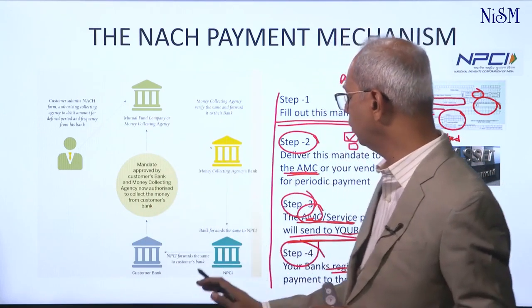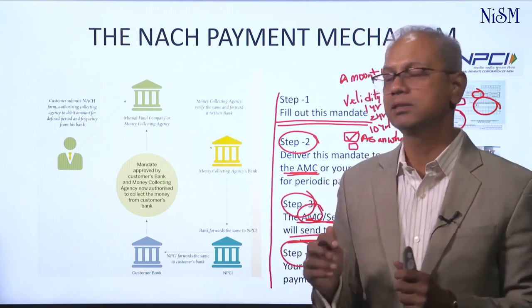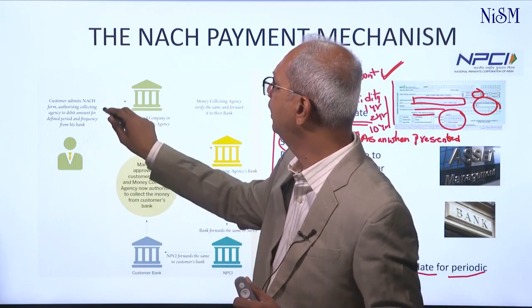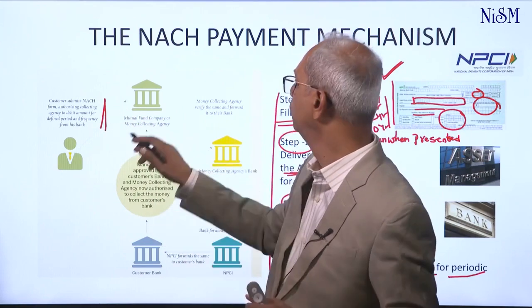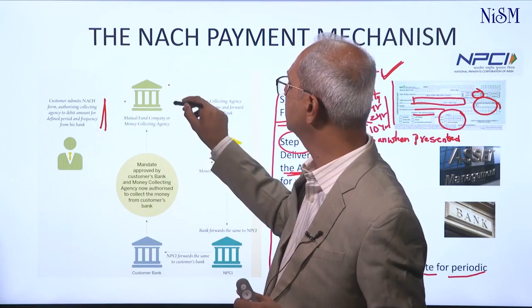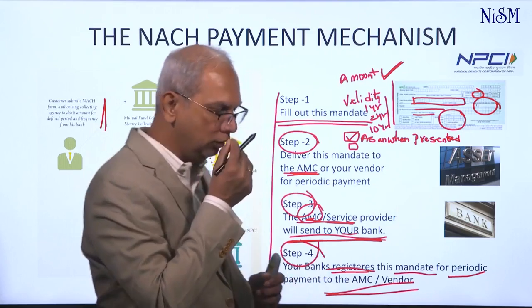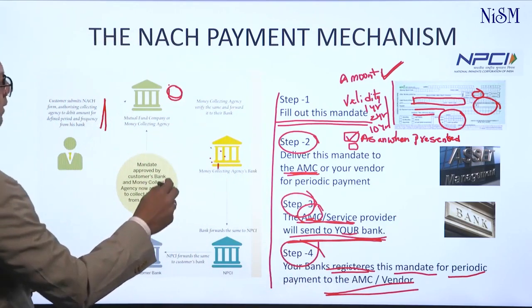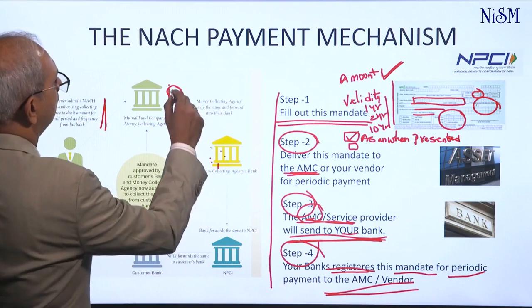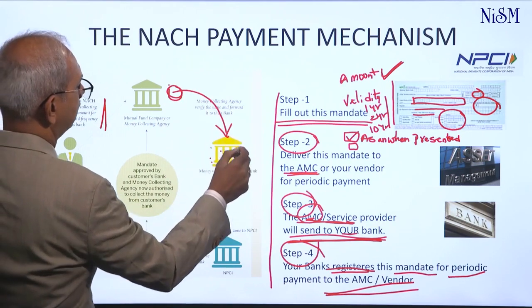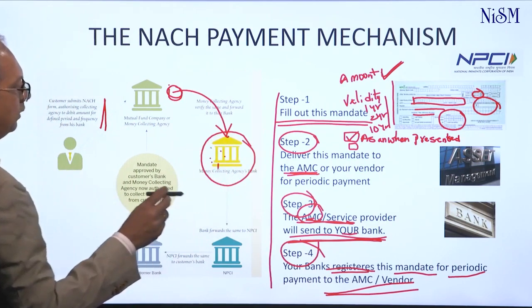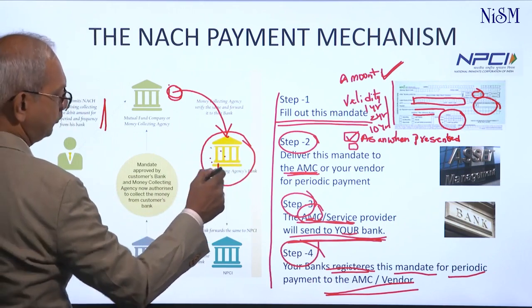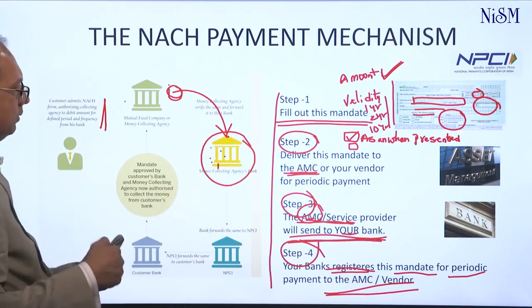So this pictorially represents what actually happens when you give a NACH mandate. You have filled the NACH mandate form out here, and you have given it to the collecting agency, which is the mutual fund in this case. The AMC is going to give it to its collecting bank.